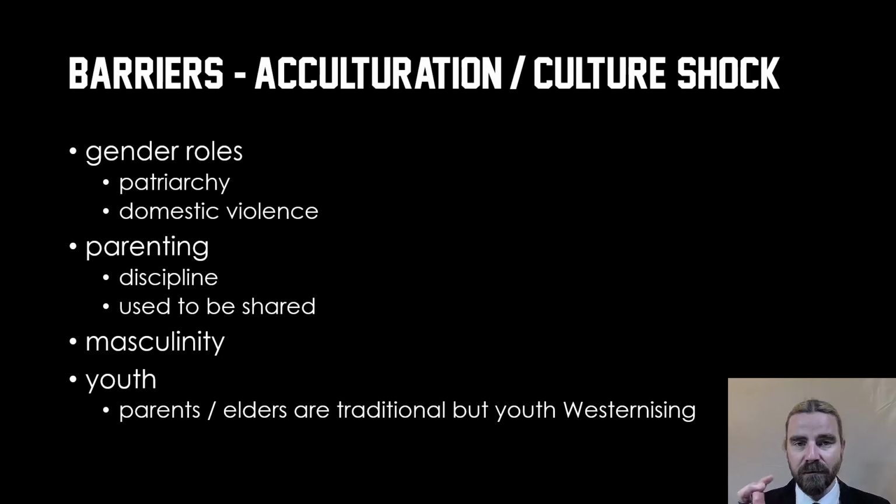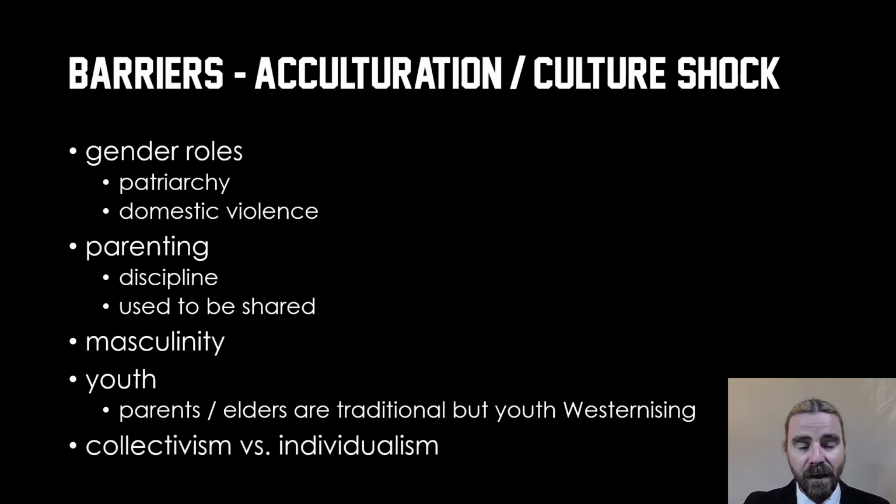So there's that conflict for the young people, especially between the traditional and the Western Australian. And then there's this whole point about collectivism versus individualism. Most Anglo countries, Australia, New Zealand, Canada, USA, UK, are quite individualistic, all about me, me, me. Well, not selfish, but more just, traditional Sudanese culture is more collectivistic, more communal, more about the community rather than about individual rights.